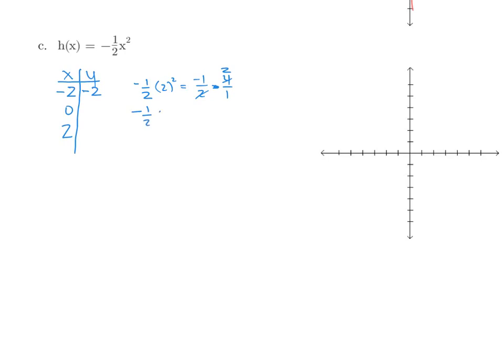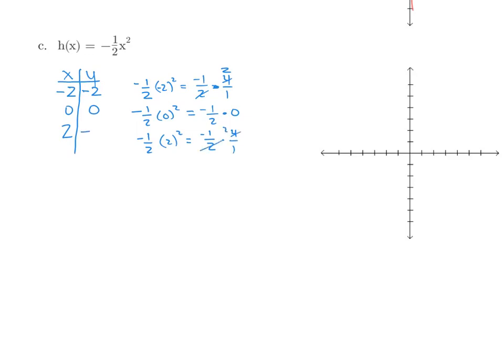-1/2 times 0 squared. 0 squared is 0, and anything times 0 is 0. All right, -1/2 times 2 squared. We get -1/2 times 4 over 1.